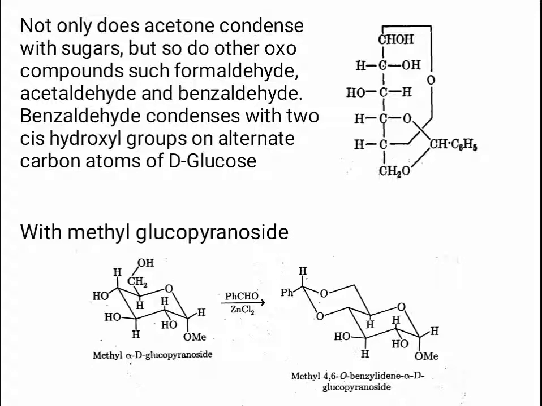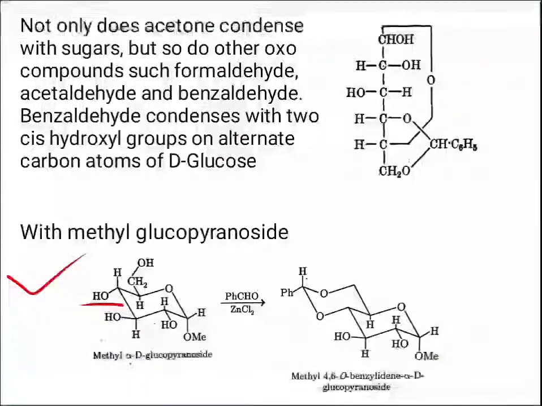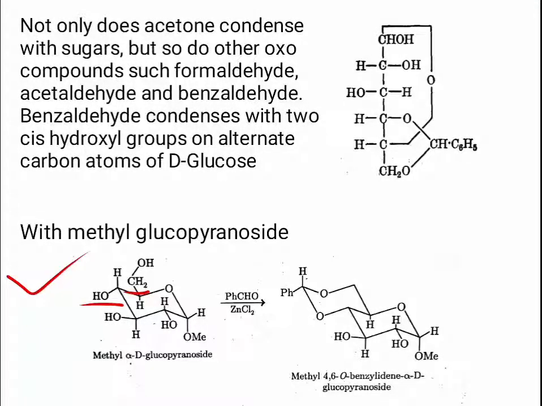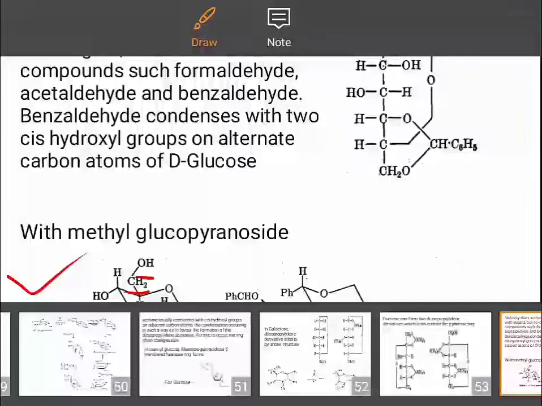Just look at methyl glucopyranoside in chair form. You can see that this OH is on carbon 4 and this one is your carbon 5. This CH2 is the carbon 6.